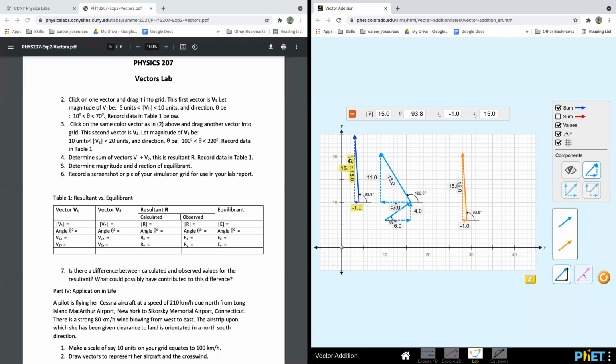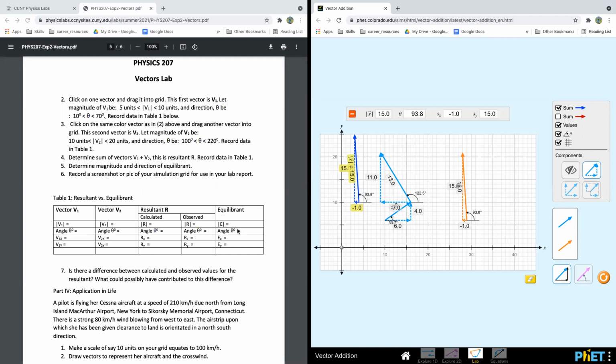You see, here is the magnitude as sum, and then the angle. You can click the angle as well. Okay, the angle here is 93.8. And you can compare the resultant value between what you calculated and the one you observed.